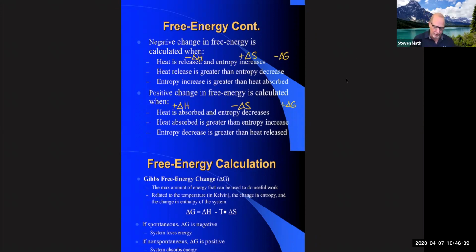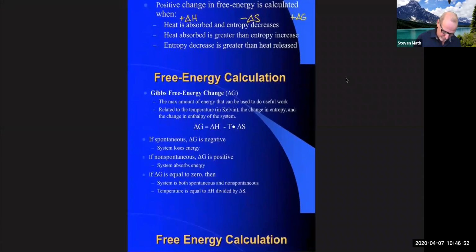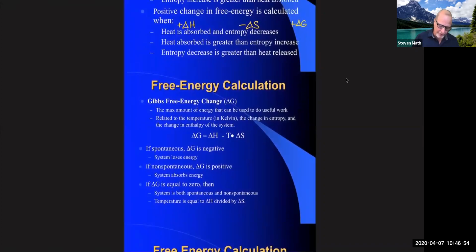So these are the theory behind it. There is a chart in your book, and as I said, I will be posting that as well. I thought it was a little bit too much to be putting right in this with all this information. So our free energy calc is Gibbs's free energy, delta G, is equal to delta H minus T delta S. This is our equation, all right?